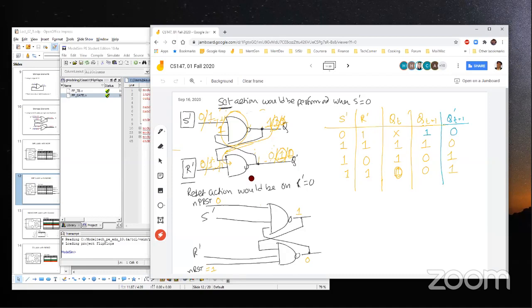And now if I apply 1 here and 0 here, then it will basically become reset. So this one will become 1 and this in turn will become 0. So we can deterministically place this circuit into a known output logic condition before we start operating on this specific element. So this is called a preset and reset.